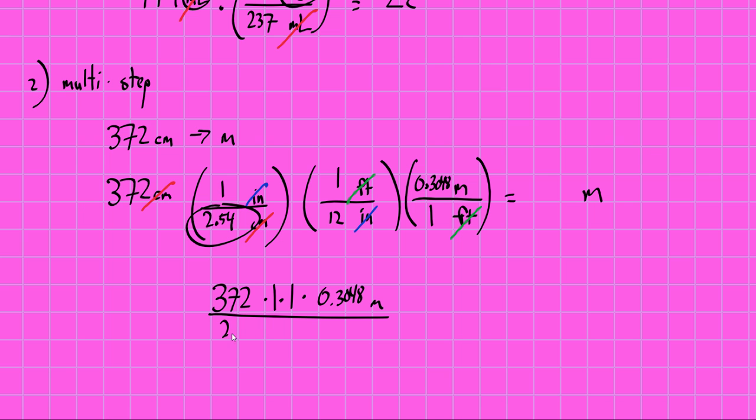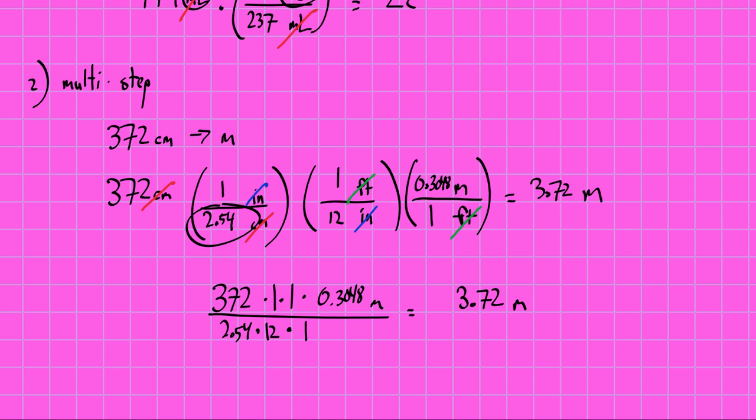And on the bottom, I've got 2.54, I've got 12, and I've got 1. Maybe I'll multiply in the same style, 12 and 1. So when I do this, I end up with 3.72, which we knew was going to be the answer all along.